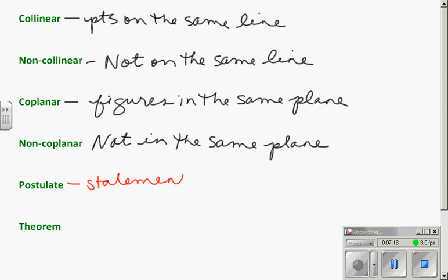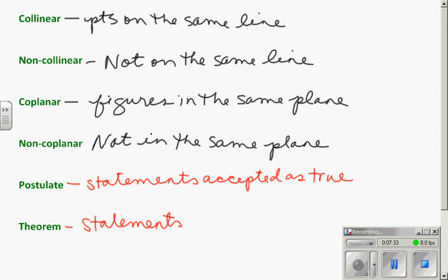Postulates and theorems. Postulates are mathematical statements accepted as true. They have not been proven. We have to take them on faith. And there are a few of them. Theorems are statements that have been proven true.